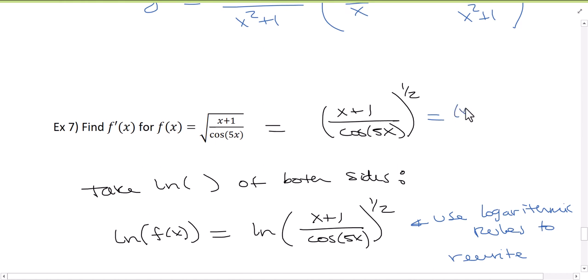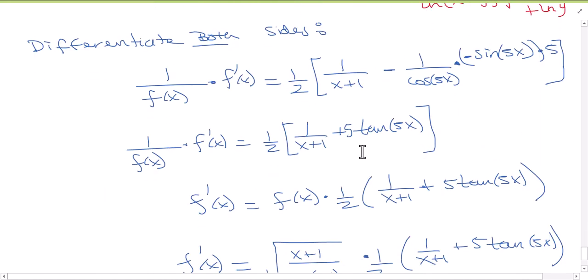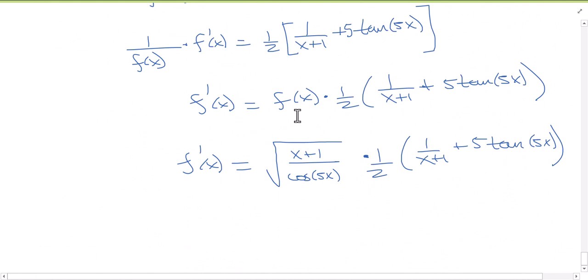So you can say this is x plus 1 times secant 5x, the whole thing to the 1/2. So we could have also done it that way. And so this, using the properties of logarithms, will become a natural log of x plus 1 plus natural log of secant x instead. But in the end, we should get the same answer.